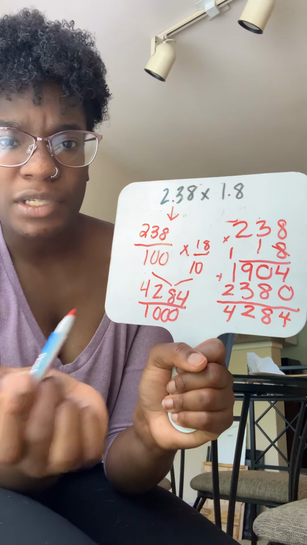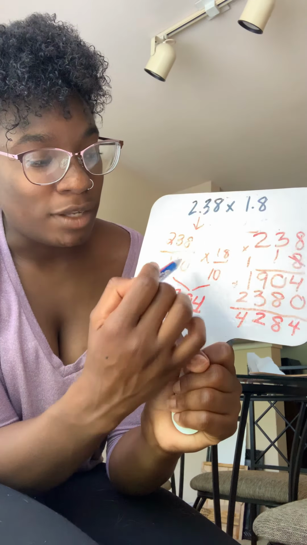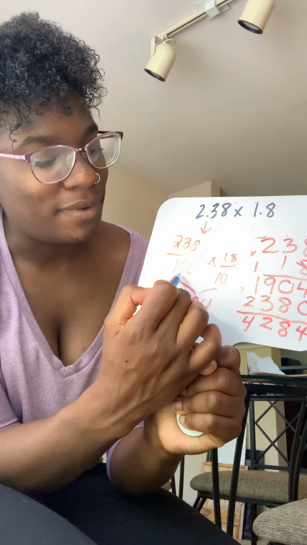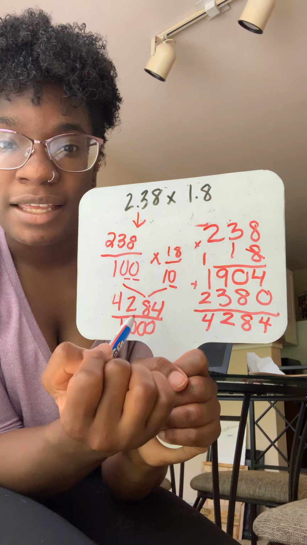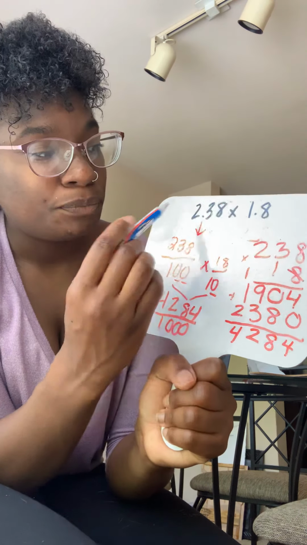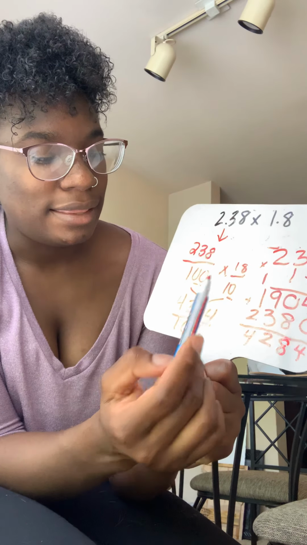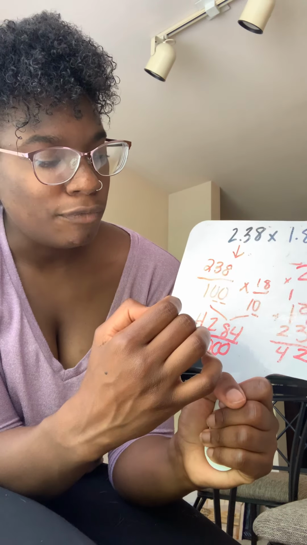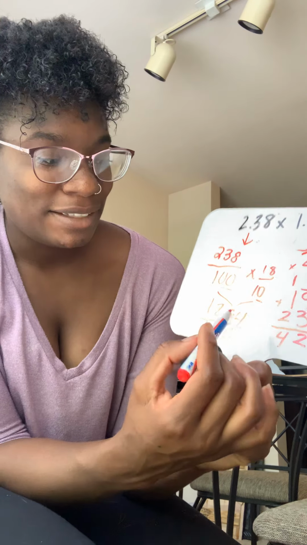1,000. And if you remember that trick, we've multiplied the ones with 1 times 1 we know is 1, and we've got 1, 2, and 3 zeros left over that we've added to that 1. So 2 and 38/100ths times 1 and 8/10ths is equal to 4,284 thousandths.